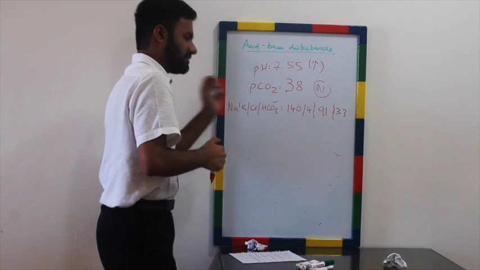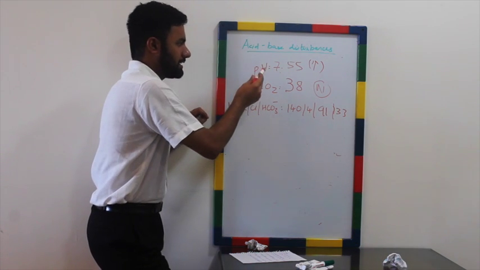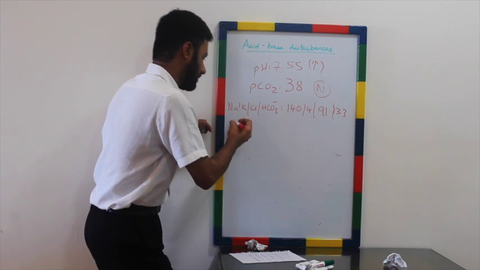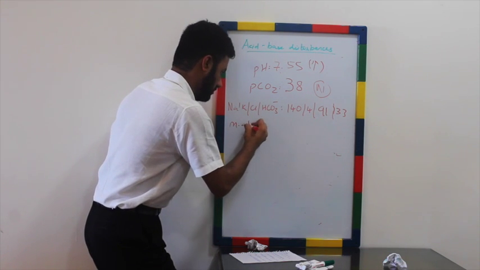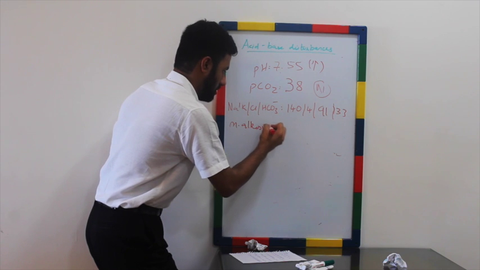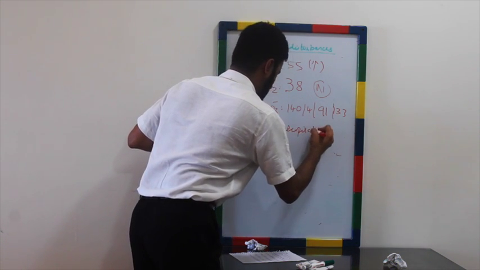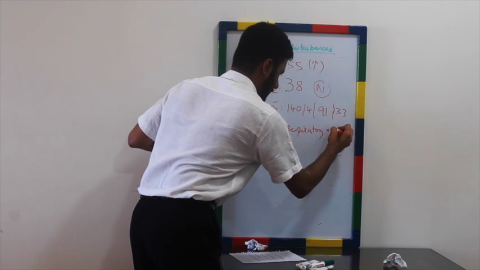So when the pH is high and the PCO2 is normal, the directional change in pH identifies the primary metabolic disorder. So you have a metabolic alkalosis with respiratory acidosis.